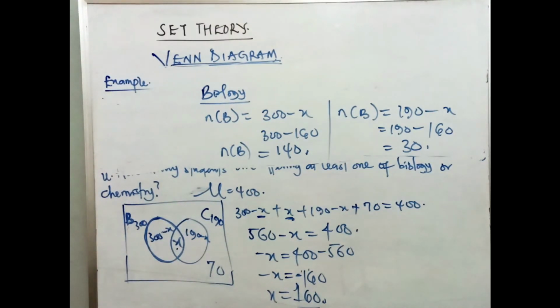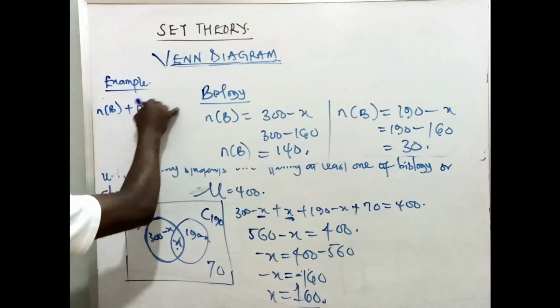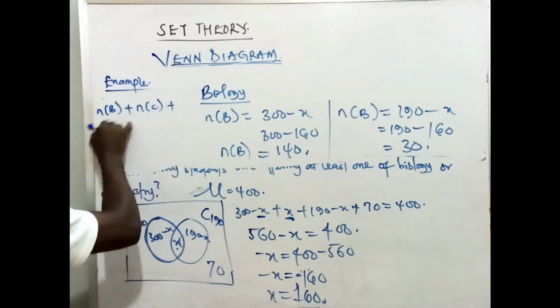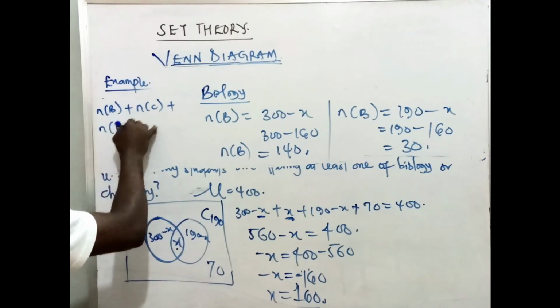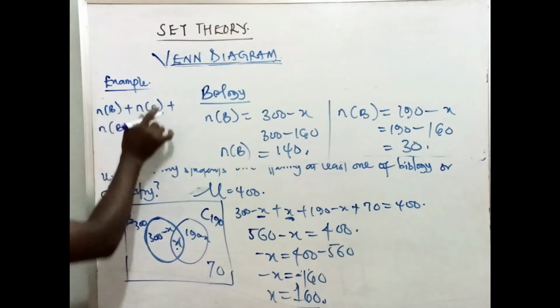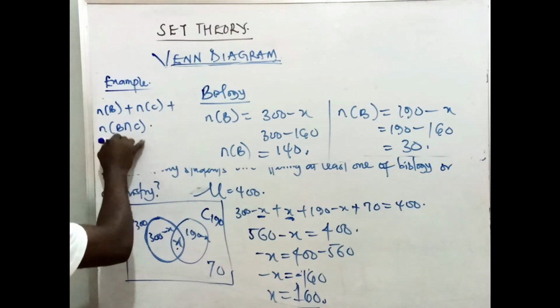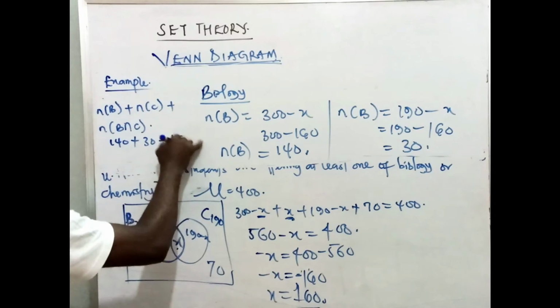So going further, when they say students that offer chemistry or biology, that's going to give you the addition. So talking about the summation there, the number of students that study biology plus the number of students that study chemistry plus the number of students that study B intersection C. That is 140 plus 30 plus 160.